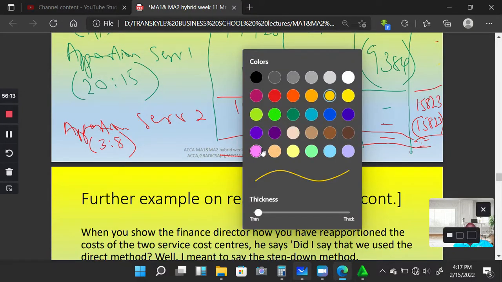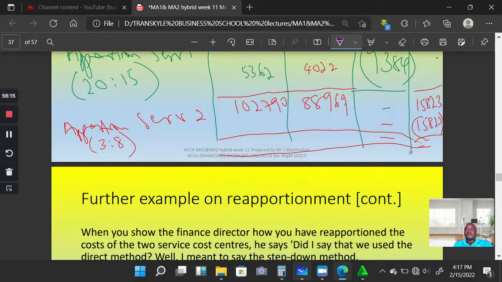Which one now is feasible? Okay, let's use this one. For part 1, we're going to say 3 over 11, since 3 plus 8 is 11. So 3 over 11 multiplied by 15,823.